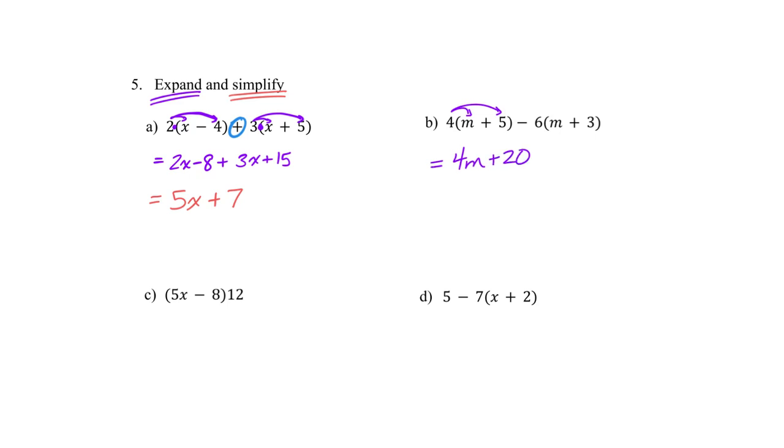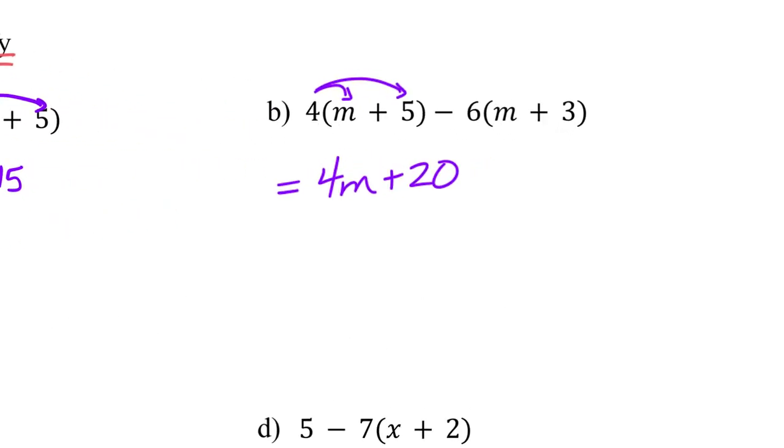Now, notice the next operation. There are 2 ways to tackle this, but I really want to give you the easy way. The reason I'm going to call this the easy way is because it avoids double signs. Rather than just looking at this as a 6 that's multiplied outside those brackets, instead, let's look at it as a -6.